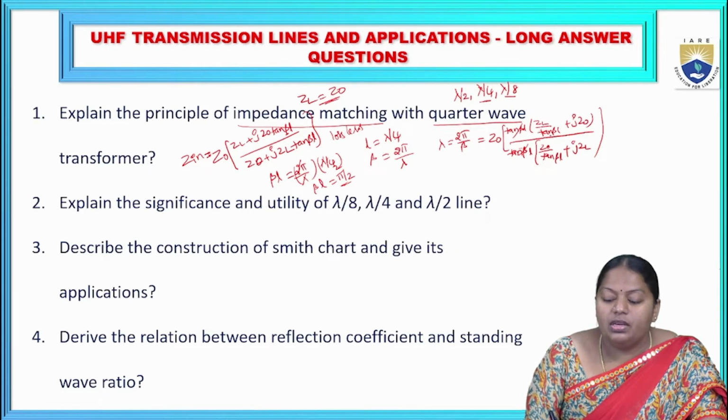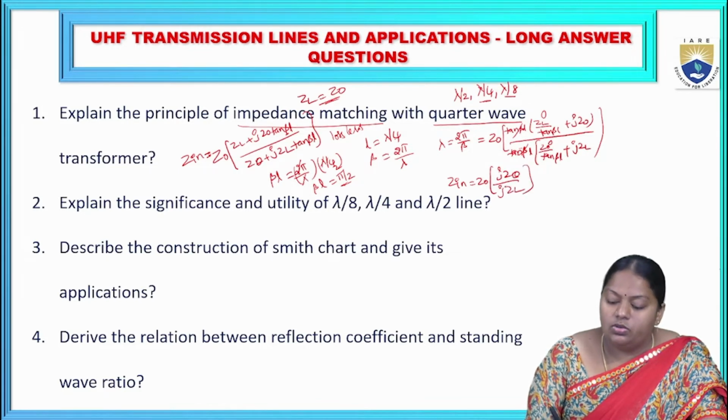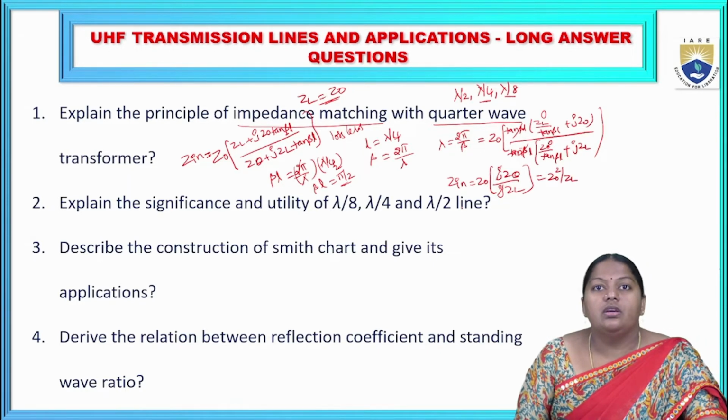Something divided by infinity becomes 0, so in the numerator and denominator those terms become zero. Hence, Zin is equal to Z0 into jZ0 by jZL. The imaginary terms j cancel, giving Z0 square by ZL.